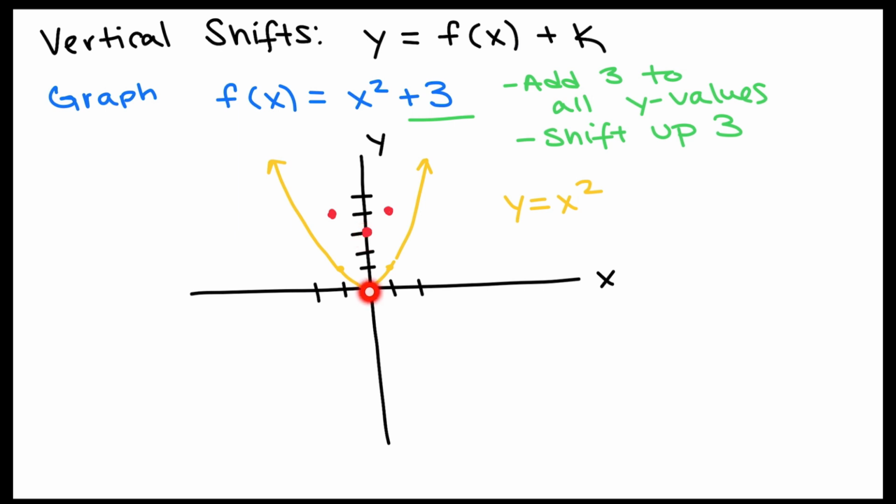So the point at the origin becomes (0, 3), (1, 1) becomes (1, 4), (-1, 1) becomes (-1, 4). I connect the dots and I can see that what's happened is my entire parabola has just shifted up 3. And this will be true regardless of what we start with as our parent function. If we add a constant to a function, that's going to shift it up vertically. It's adding to those y values.